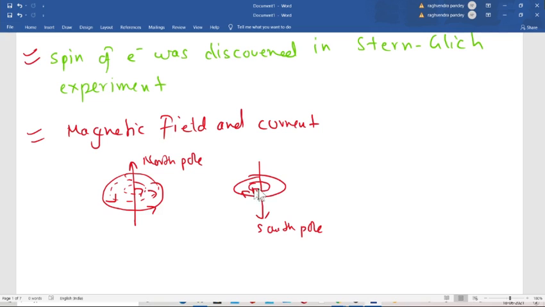I am taking this as south and north here. This is your anti-clockwise, and this is your clockwise. So it generates the magnetic field, north pole on this upward side. Oh, sorry, I should write south pole here. That is your south pole.